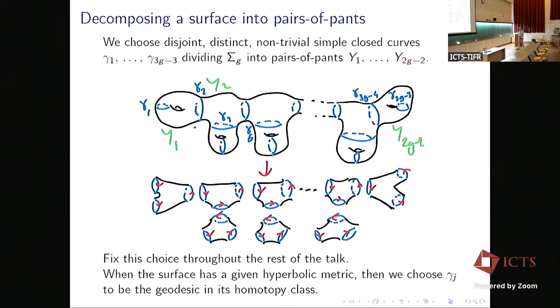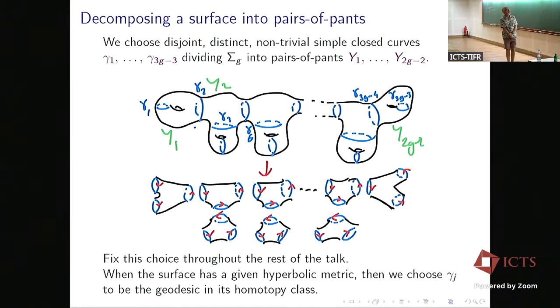So we are going to, once and for all, decompose my surface into pairs of pants. In case you're not aware, I'm sure that most of you are, we call these pairs of pants, which is the American word for trousers, and they are things that have three boundary components and are otherwise a sphere.